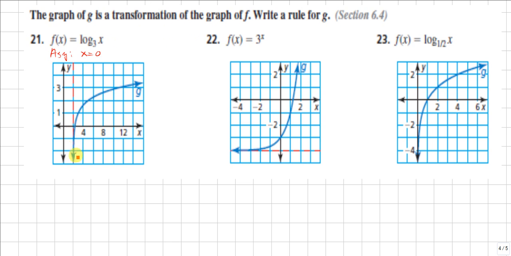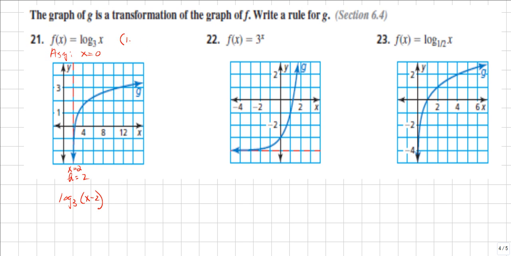Here we can see the asymptote at x equals 2. So we have h equal to 2. So already I know that this must have log base 3 of x minus 2.